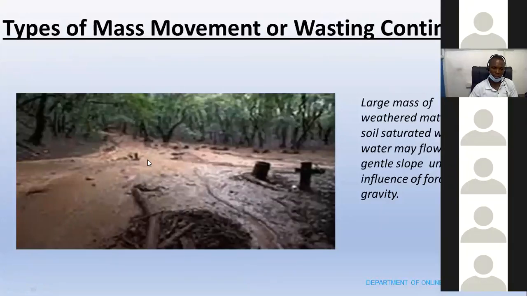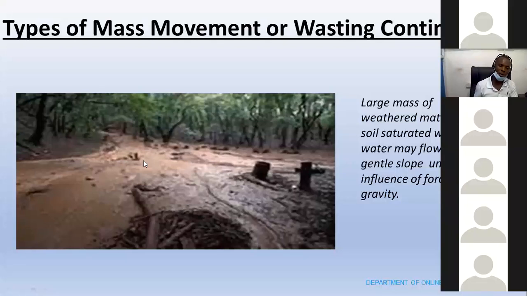Now, these materials were moved from an initial location and then they are being moved to this location. You can see the water content, or the amount of water contained in this material, aiding the movement of this material downslope.